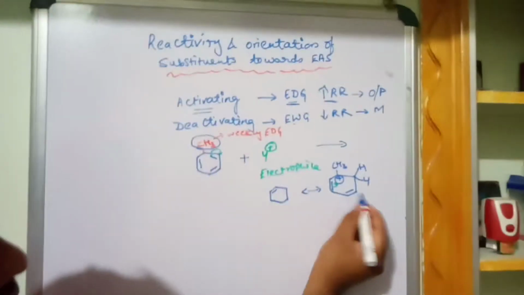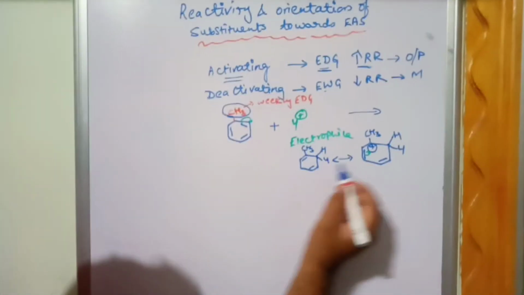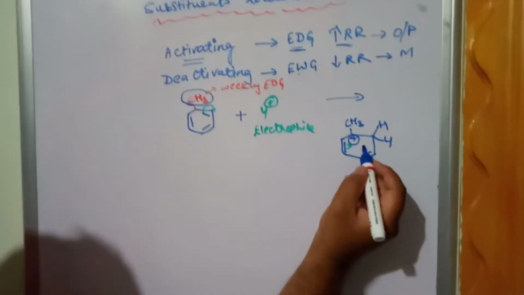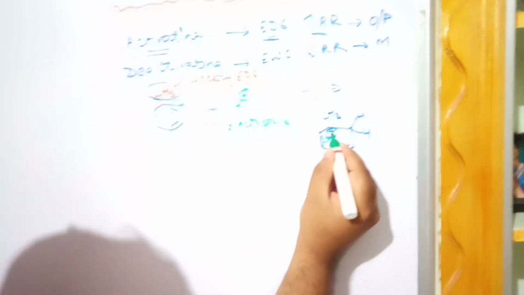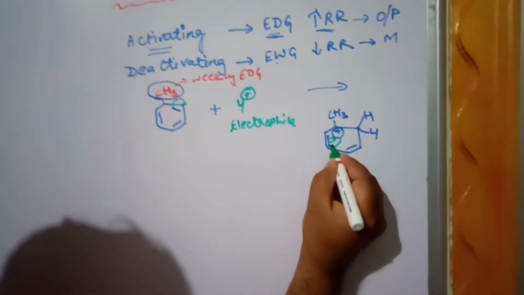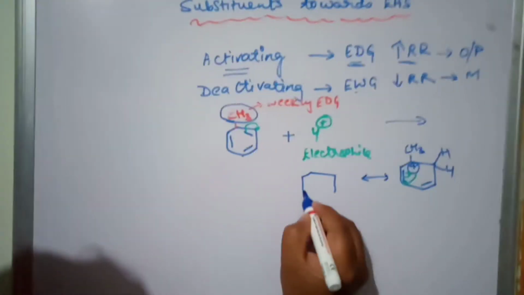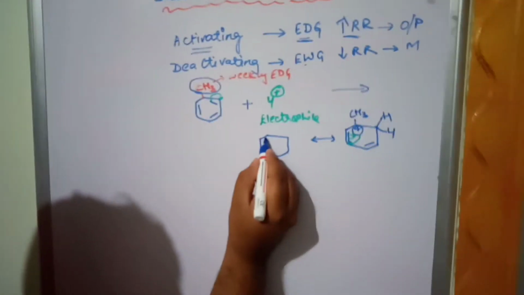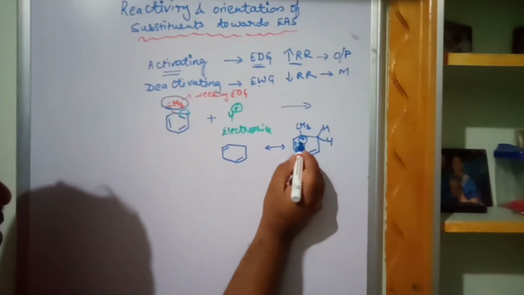The pi bond will go here, this bond remains the same, and here methyl group, here hydrogen, here Y. This structure will undergo resonance stabilization, whereby the pi electrons move towards the charge, and the charge comes where the pi electrons have moved from. As a result, you get a resonance hybrid structure. The pi bond moves towards the charge, this bond remains the same, and the positive charge is on the carbon from which the pi bond moved.